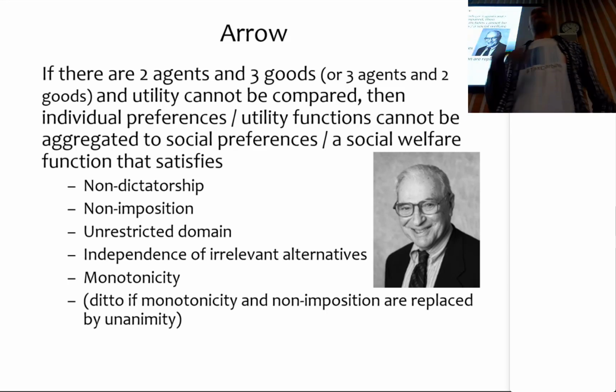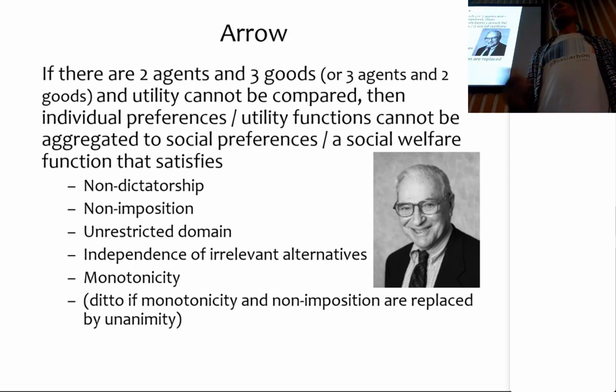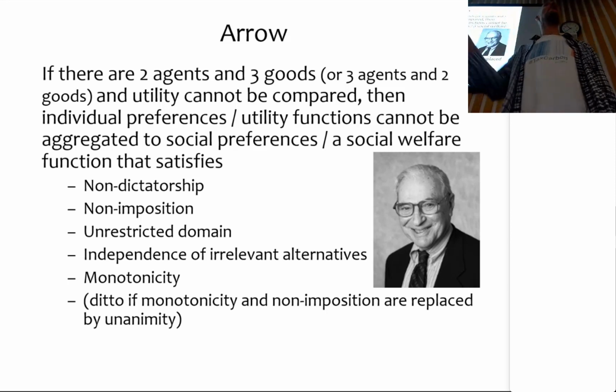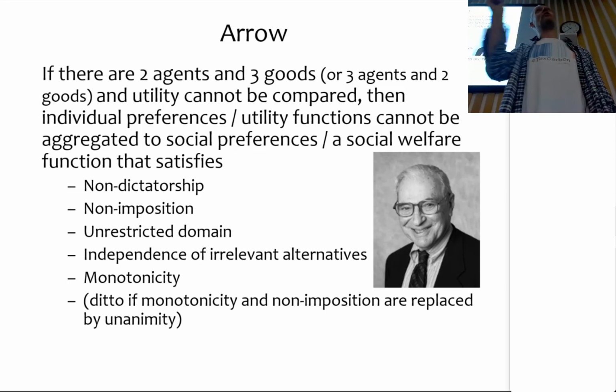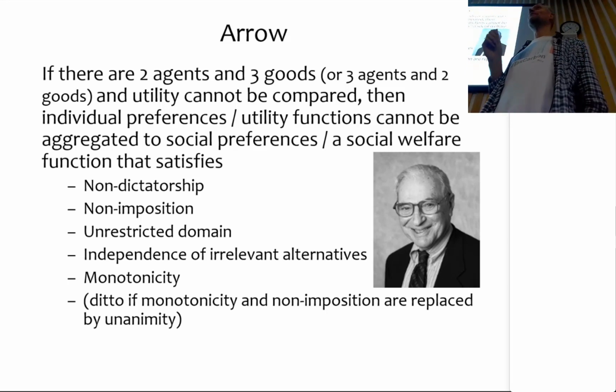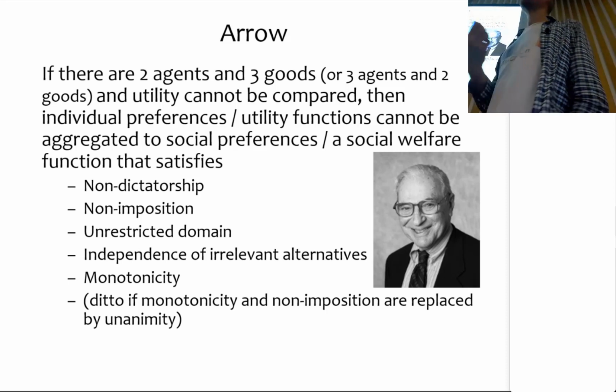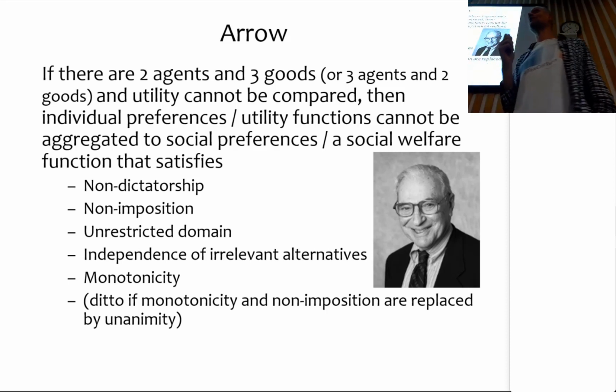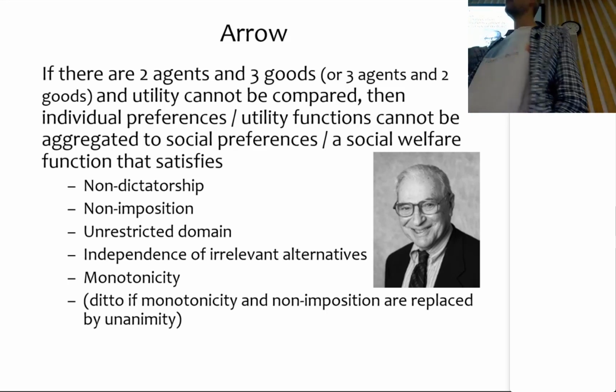And monotonicity. That is, if everybody feels the same, but somebody starts preferring something a little bit more, then society should also start preferring that a little bit more, right? And if you say, well, these are reasonable criteria, or if you want to replace monotonicity and imposition by unanimity, that is, if everybody agrees that this is the best solution, then society must also agree that this is the best solution.